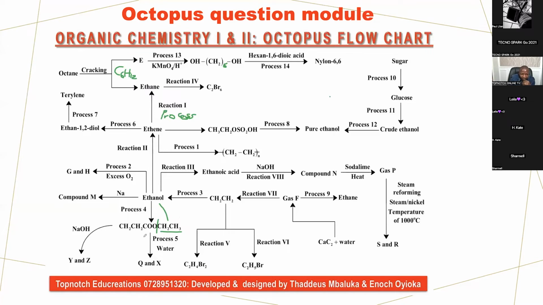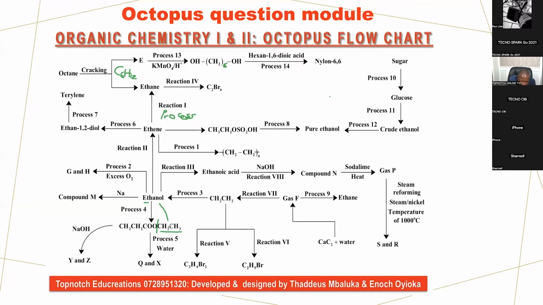In process 4, we have ethanol here. What is process 4 first? Esterification. So the reagent, we want to know how you get it. Already you know you have ethanol, so you cut it in the middle, where you see COO.